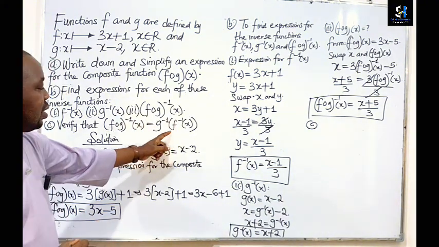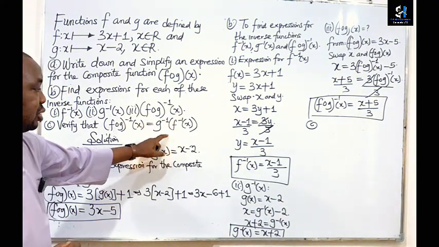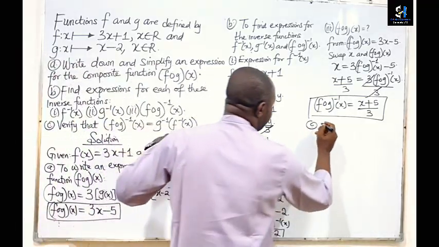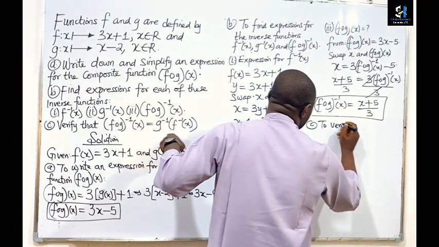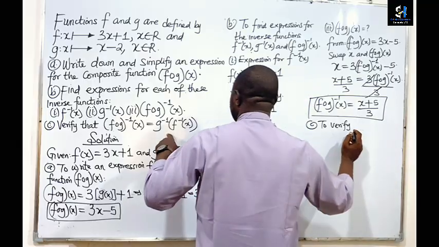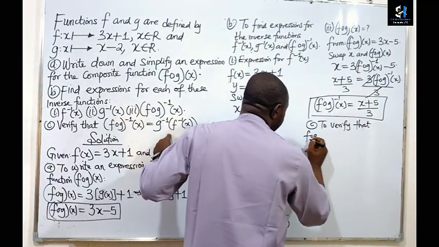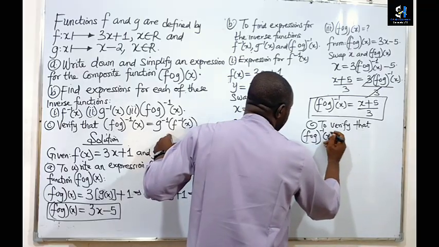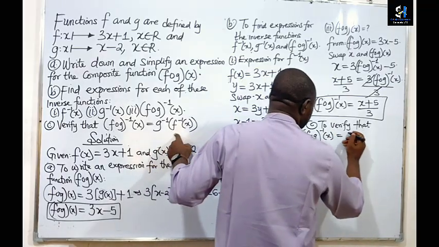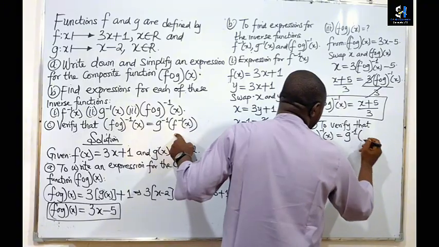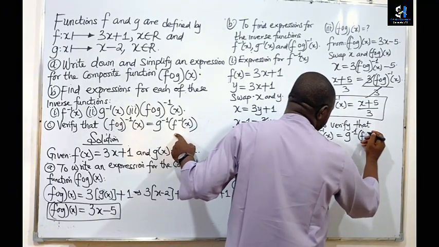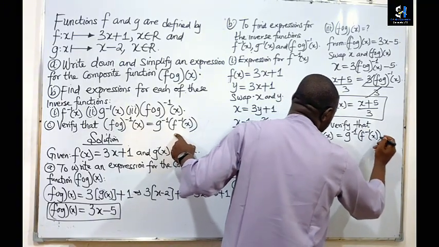So now let me write the expression for this. That is the right hand side. So to verify, we want to verify that the inverse of function fg of x is equal to the inverse of g of inverse of f of x.